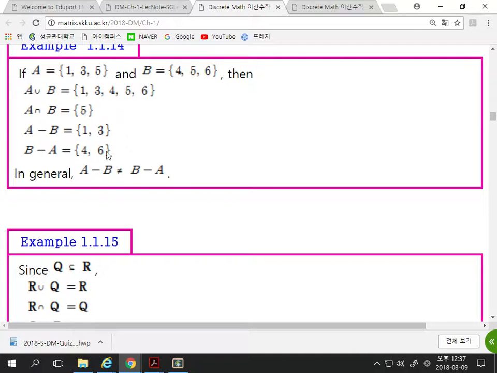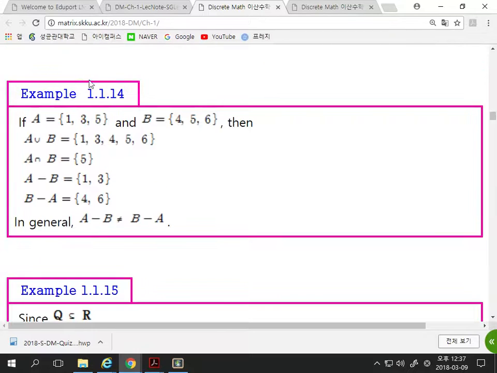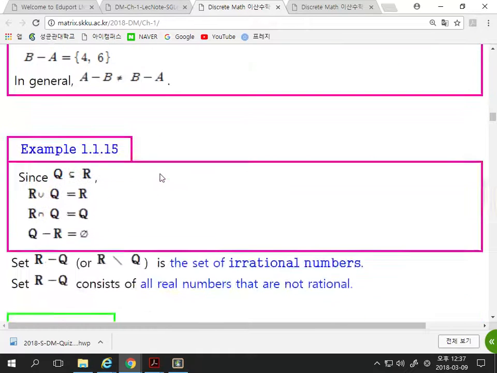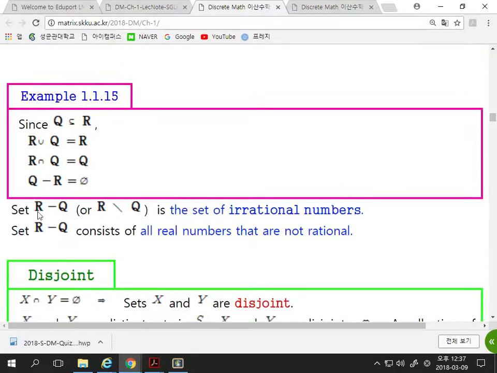So as you see, for the difference, A minus B is not the same as B minus A in general. And R minus Q means the set of irrational numbers, because we eliminated all rational numbers from the set of real numbers. So only the irrational numbers are left.